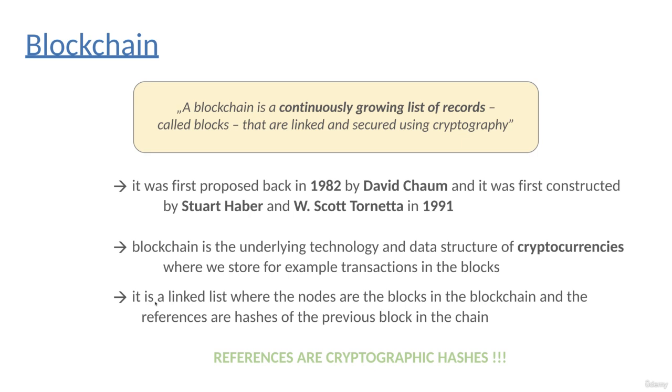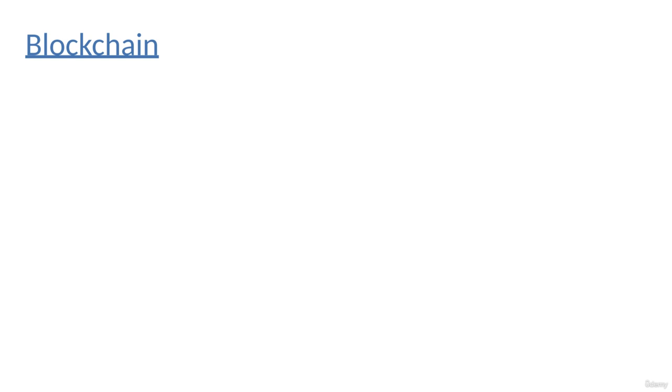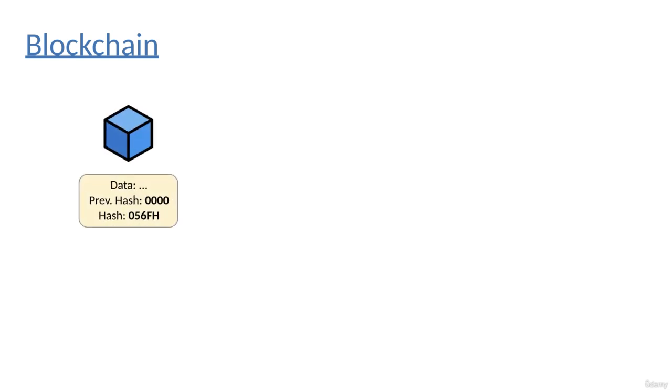So blockchains are very similar to linked lists, where the nodes are the blocks in the blockchain and the references are hashes of the previous block in the chain. So references are cryptographic hashes. So we have the first node of the blockchain, we have the given data, we have a given previous hash, and of course we have the actual hash. The first block of the blockchain is called the Genesis block.